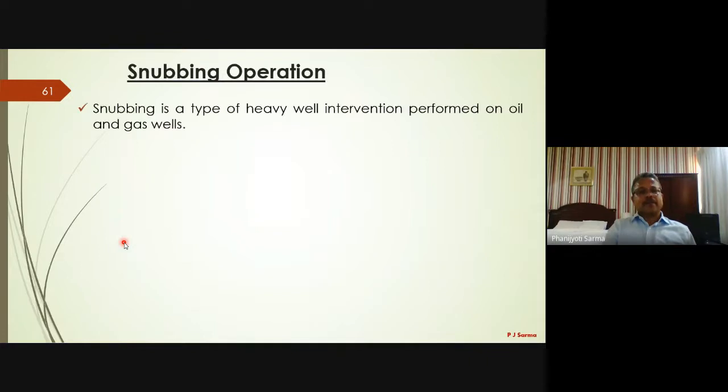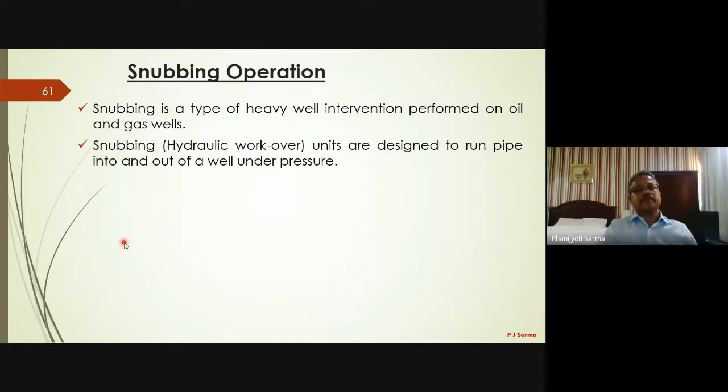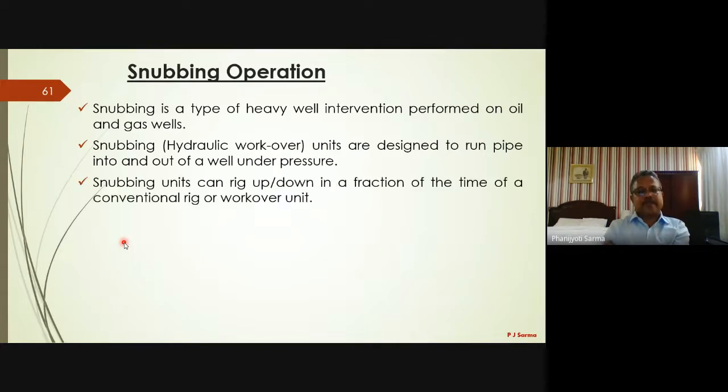What is the snubbing operation? Snubbing is a heavy well intervention, not a very light one. It is actually a workover. It is performed in oil and gas wells in a live condition. Snubbing units are designed to run the pipes in and out of the well under pressure in the live condition.